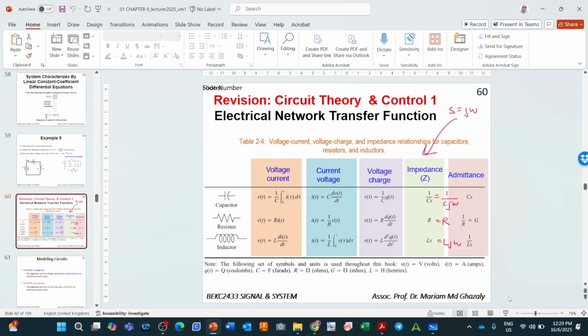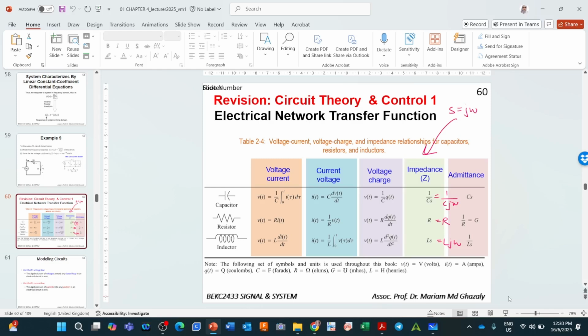For current-voltage, you do like this. For voltage-charge, it is this one. What we are going to refer to most of the time for Fourier transform is only the impedance side. For capacitance, the impedance is written as 1/CS, since the Nise book uses Laplace.